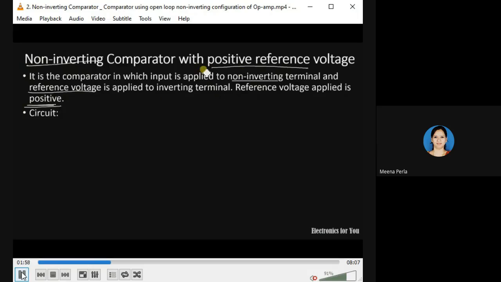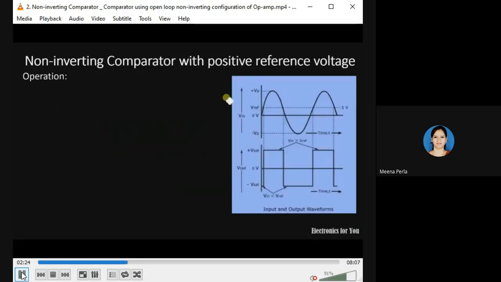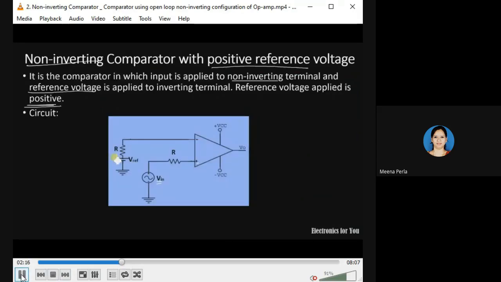As per the name, we have designed the circuit: the input voltage is applied at the non-inverting terminal of the operational amplifier, whereas the positive terminal of V reference is connected to the inverting terminal. So please draw this circuit diagram for the non-inverting comparator with positive reference voltage.